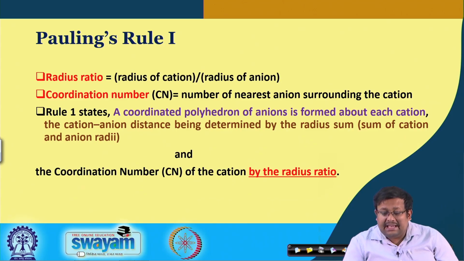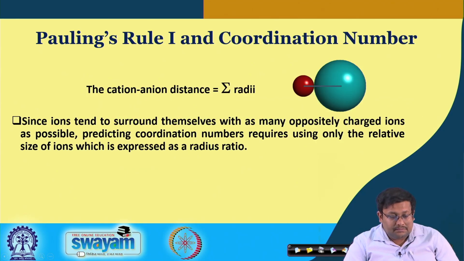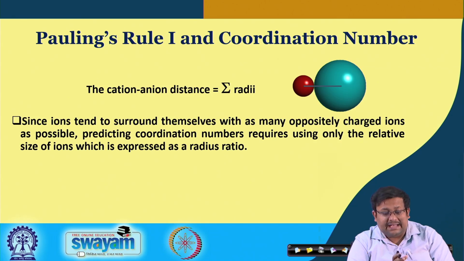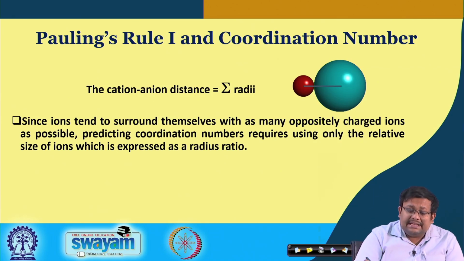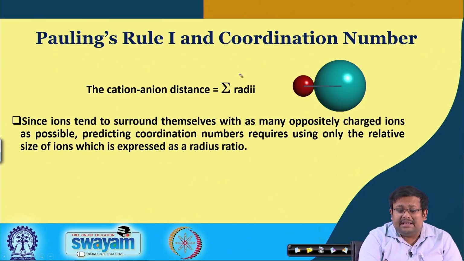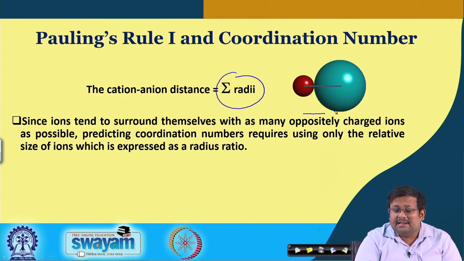Let us see in detail. According to the sum of the radii of cations and anions, you can see here the cation-anion distance is governed by the summation of their radii. Because this bonding is ionic in nature, we are assuming that these cations and anions have a rigid sphere-like structure.